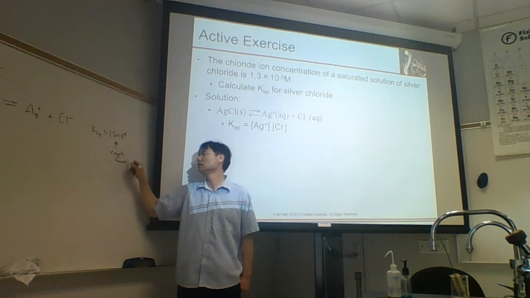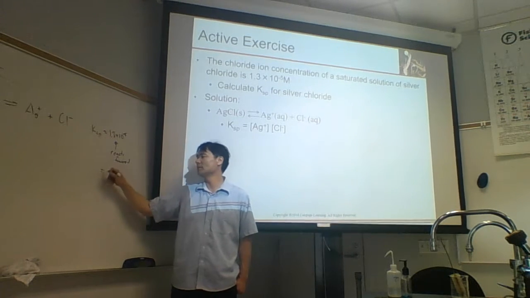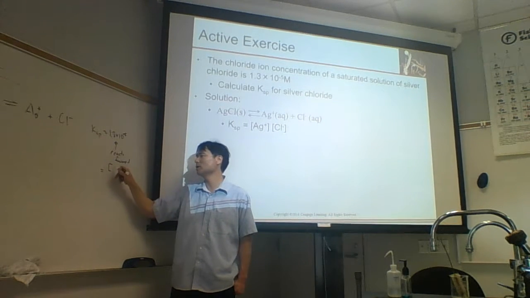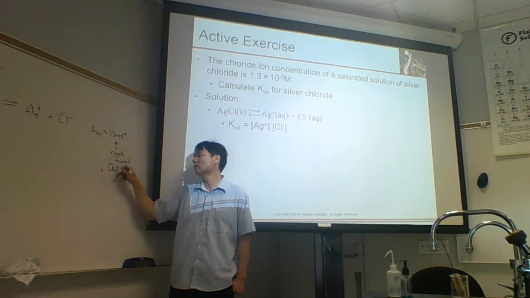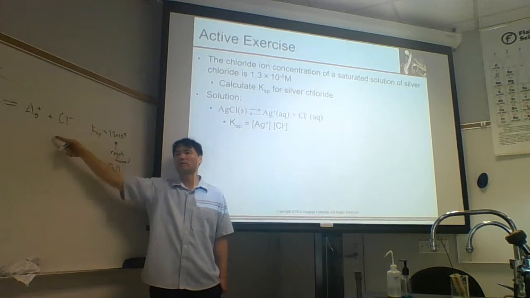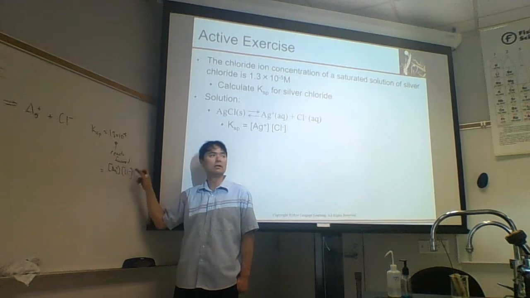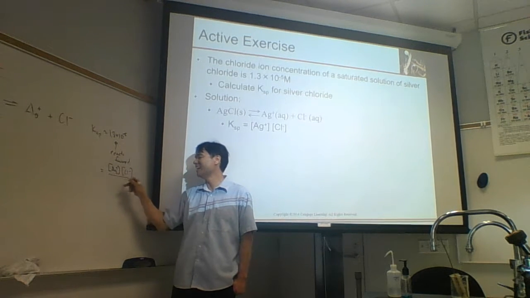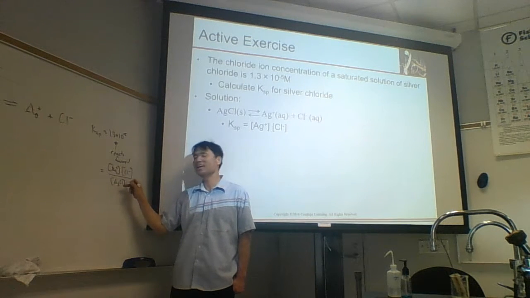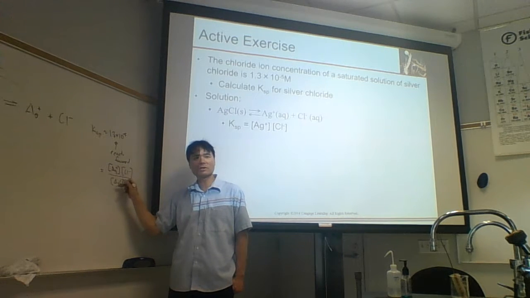By a lot. But we still can figure out what's going to happen here because this is the ratio of the products. So what are the products? Silver ion raised to the first. Well, I'm not going to write 1 here. And chloride ions raised to the first. Divided by the silver chloride. But silver chloride is a pure solid, and therefore its concentration doesn't change.